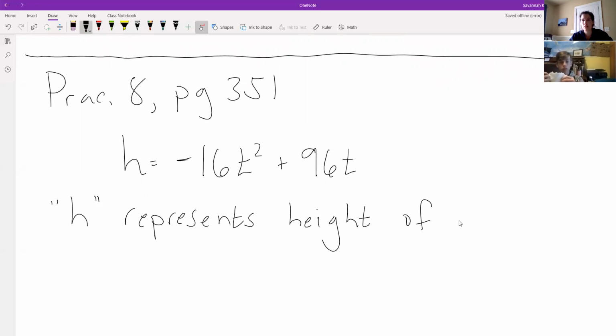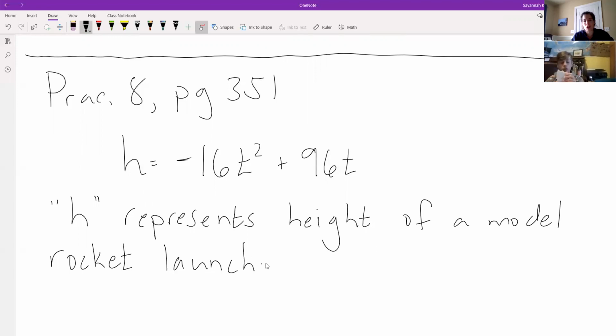In this case, it's a model rocket. It could be a stone, a ball. They're called projectiles a lot of times. A bullet, a cannonball. So h is going to represent the height of a model rocket that is launched from the ground.